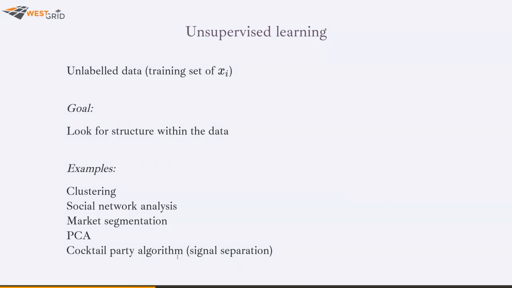All these are unsupervised learning examples. One that is really fun, and if you haven't heard of it you should really look into it because it's astonishing: a very simple algorithm allows you to solve the cocktail party problem.